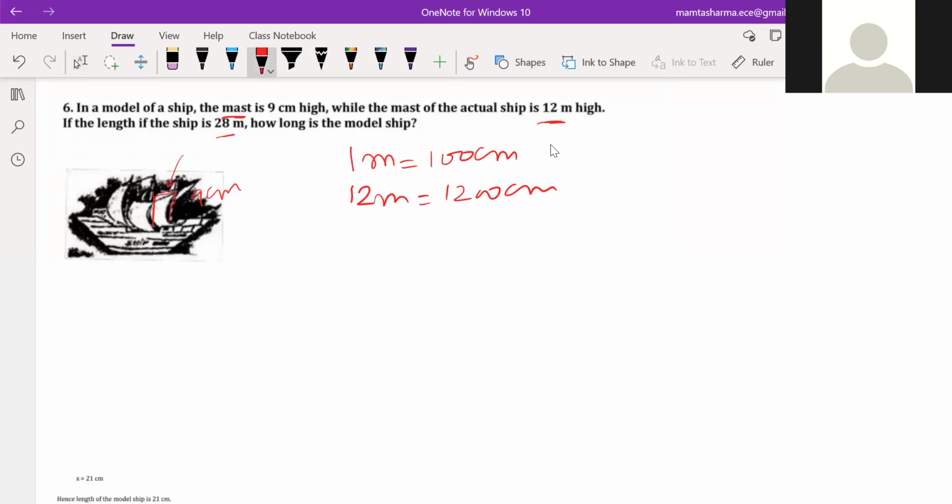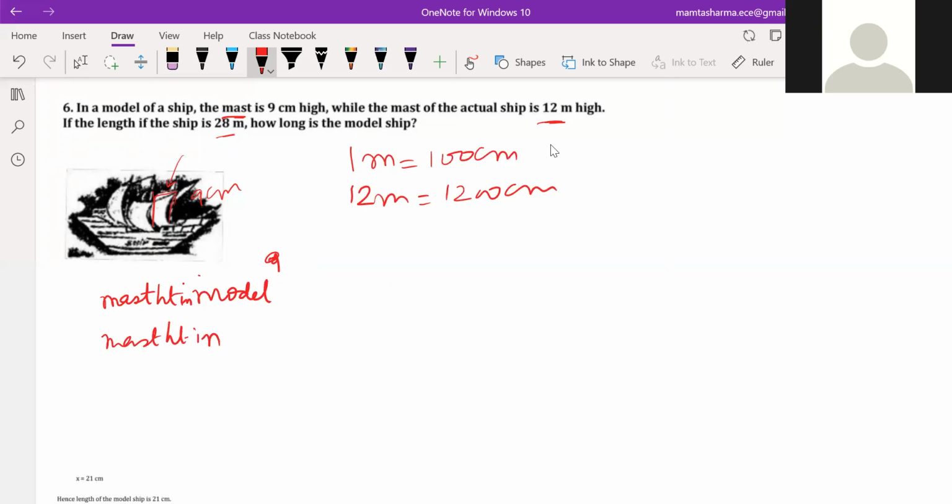So the mast height in the model and the mast height in the actual ship are the two things.